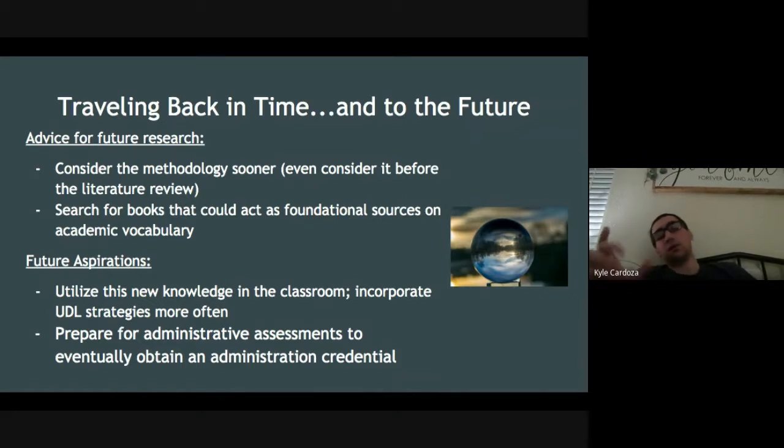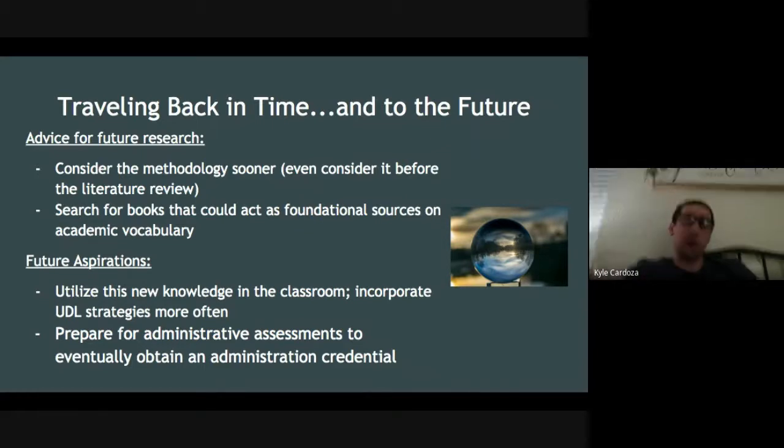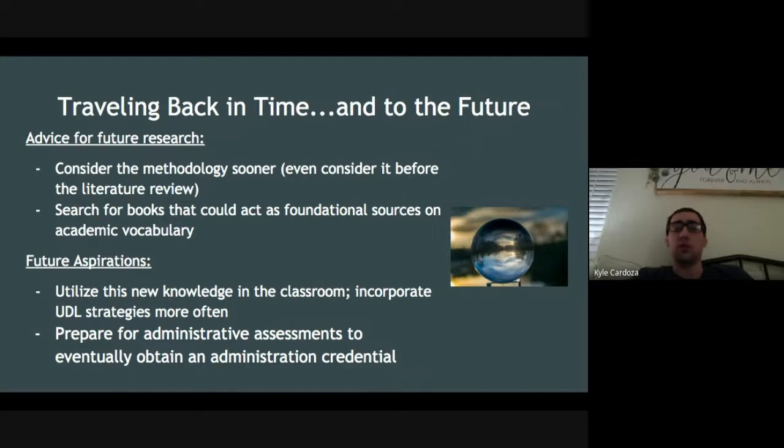So if I could find one of those on academic vocabulary or whatever topic I want to research in the future, finding a few of those books to act as foundational sources, because those are what I would consider secondary sources, something that I can either challenge with my own research or support or bolster if I do agree with them and feel that information is definitely helpful for future educational purposes.